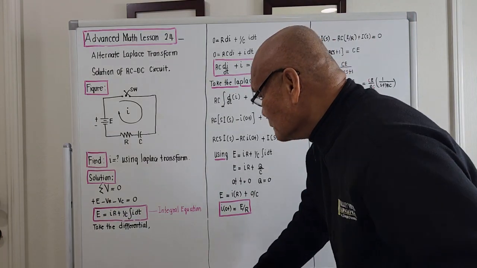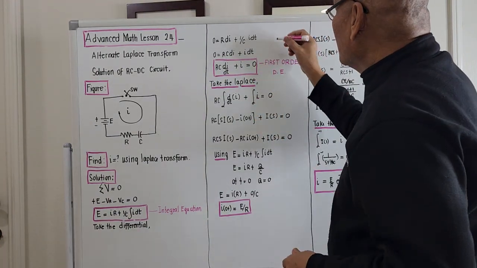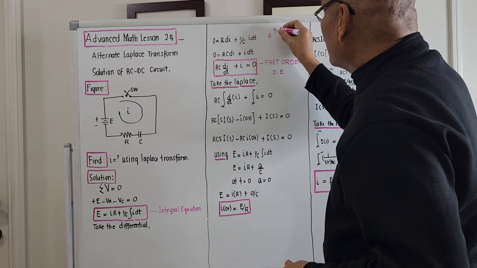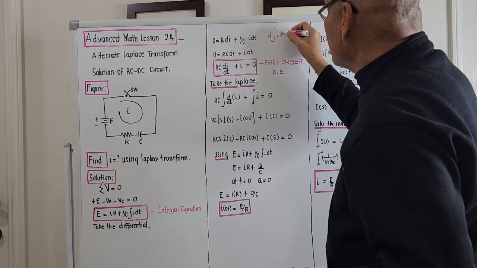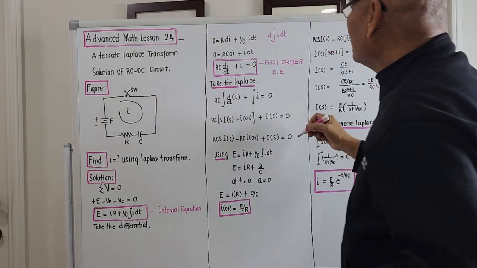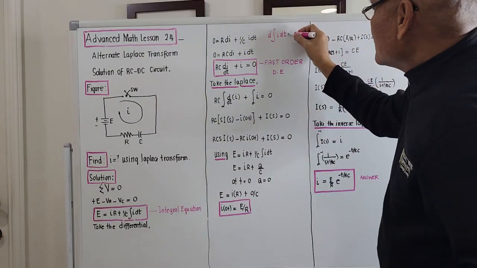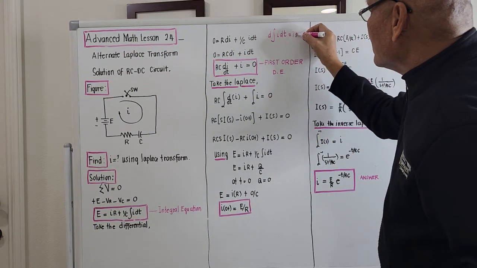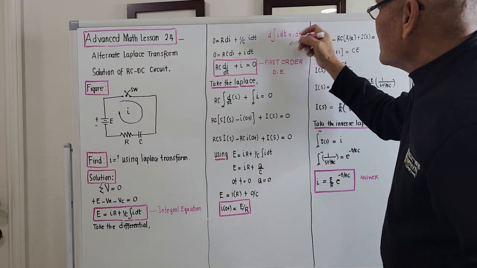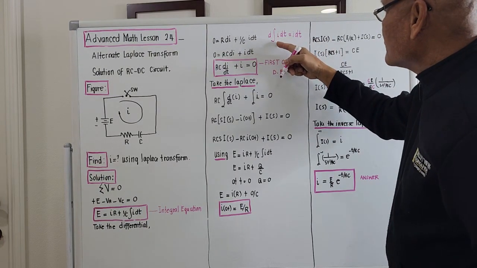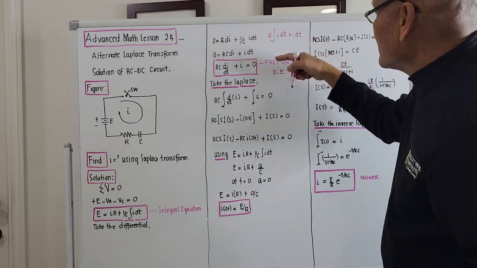Hold on. The differential of the integral of I dt will just be simply I dt, because when the differential sign goes near this integral sign, they cancel out each other.